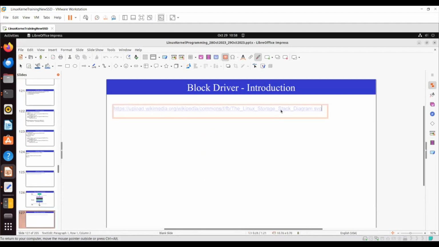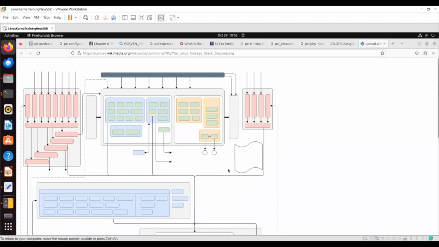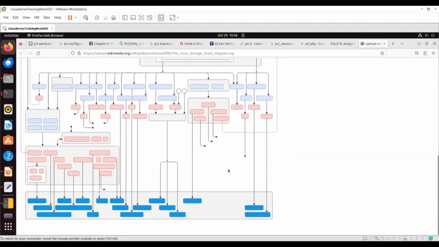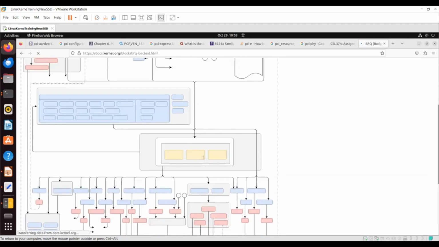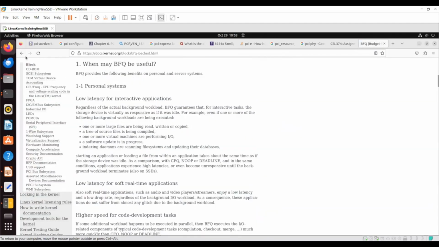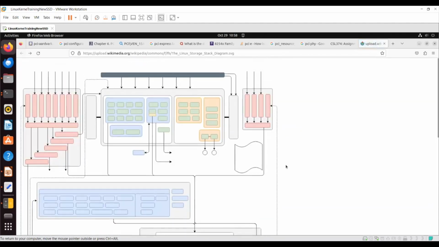Okay, so now we will understand, looking at the storage diagram at a high level, how it looks.